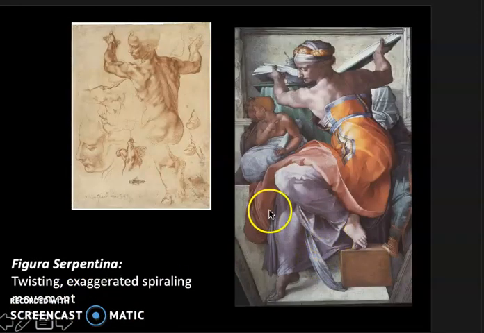And in making these serpentine figures, these snaking, twisting bodies, remember that he is a sculptor who works in 3 dimensions, who thinks in 3 dimensions. As a sculptor, he walks around the marble. He conceptualizes the marble block as he chips away and chisels away in terms of a 3-dimensional body.